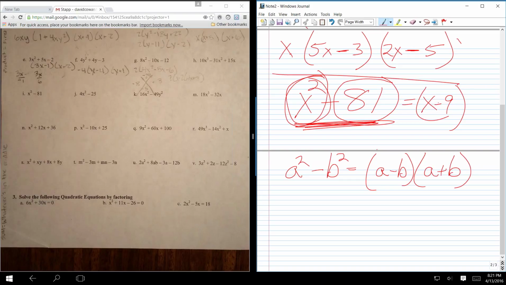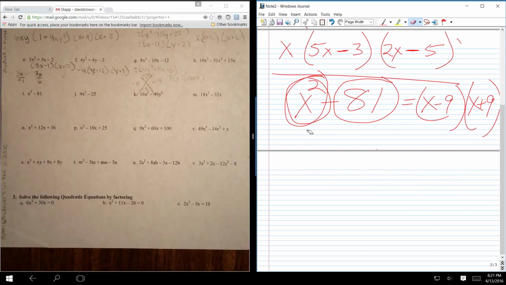So the first term is always that, and the next term is always the conjugate of it. You don't even have to think about the next term once you get the first term, and always put the negative in the first term. That might sound strange, but I have a reason for that.